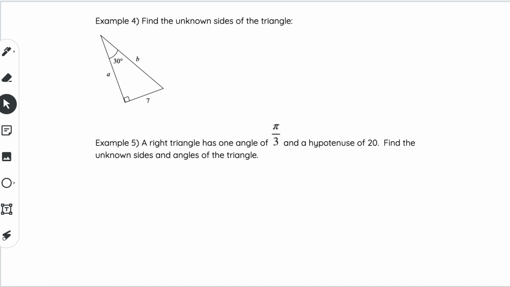I know if I were to take sine of 30 degrees, sine is opposite over hypotenuse, I would have 7 over the hypotenuse, b. I could easily solve for b by multiplying both sides by b.